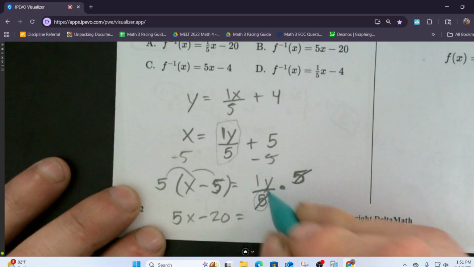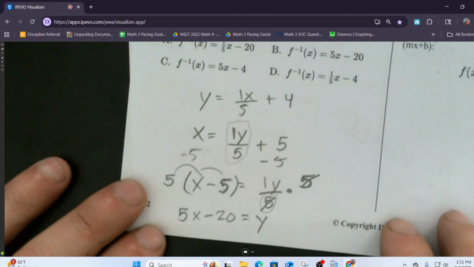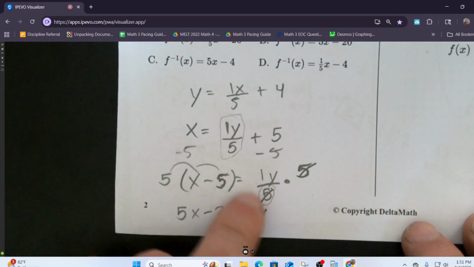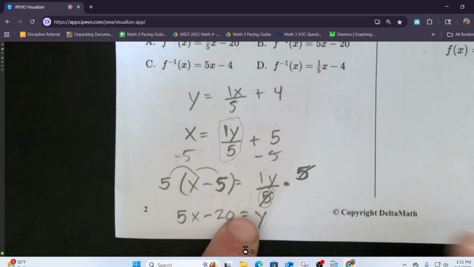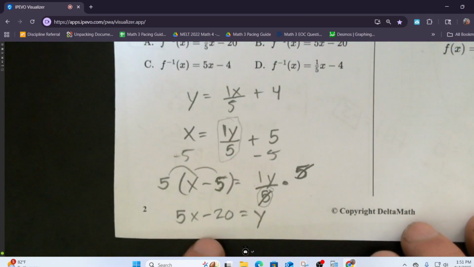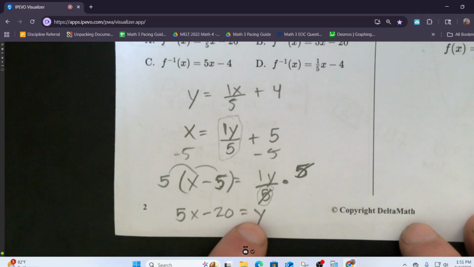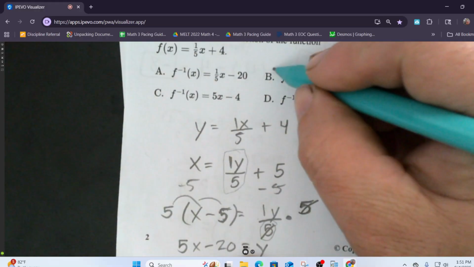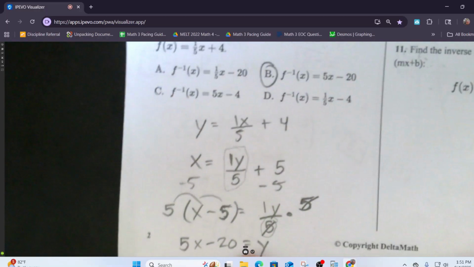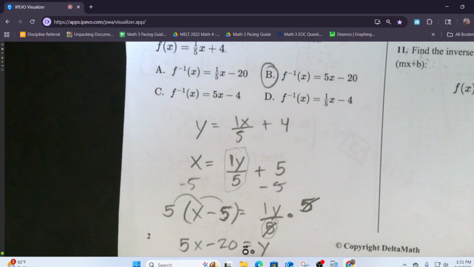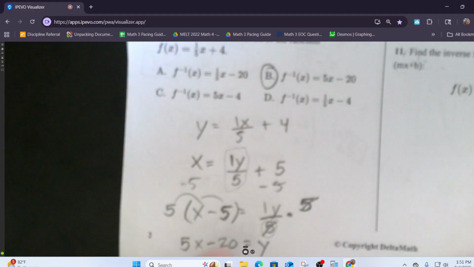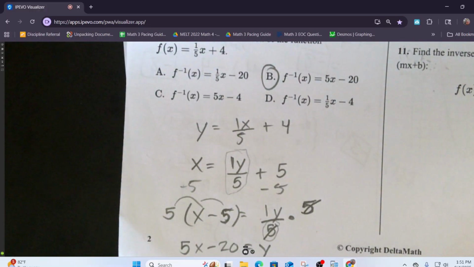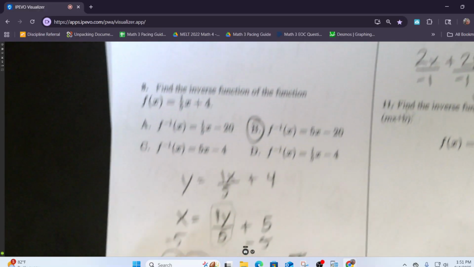Now guys, 1y and y is the same thing, right? So you don't have to divide by 1 if you don't want to, because 1y and y are the exact same thing. So looking at this, of course you can change that back to inverse notation if you want to. Your answer there is going to be B. You can also use Desmos on there, but with linear stuff it's probably faster to do it without Desmos.